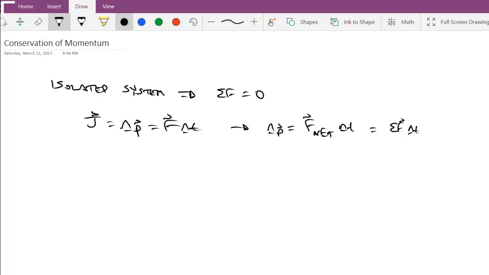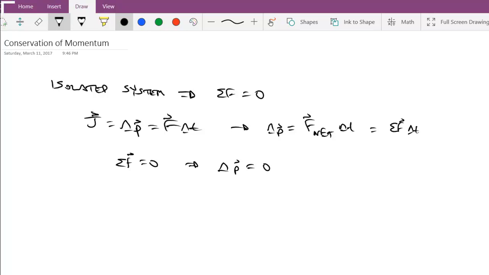So if we have the net force equal to 0, then this means that the change in momentum is equal to 0, because either that or the force acted over 0 time, which there's not a lot of sense in talking about the force acting at all if it didn't act over any time whatsoever.